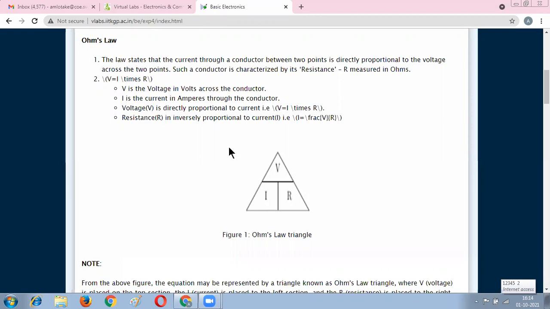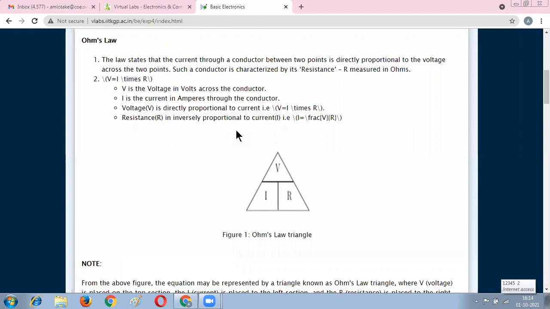Voltage is directly proportional to the current, that is, the voltage across is directly proportional to the current, but at that time the resistance remains constant. If the physical conditions remain constant, then your resistance will remain constant.